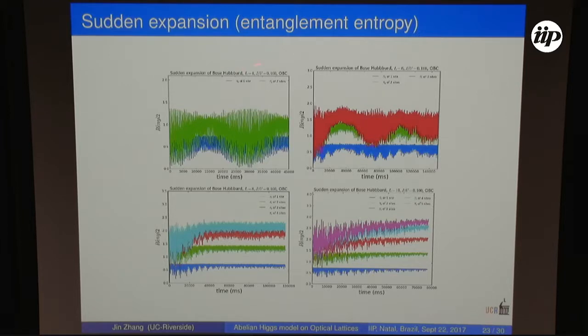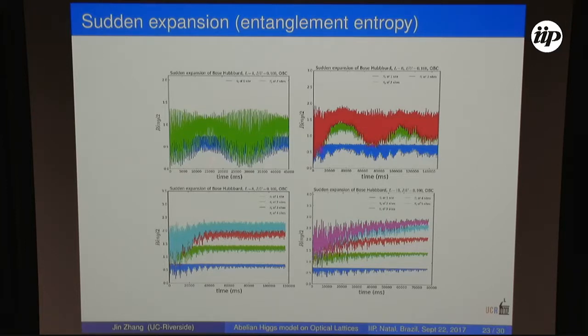But here, for just J over U equal to 0.01, we find that the second order entropy thermalizes. It doesn't thermalize for such a small system like Ns equals 4 and Ns equals 6.